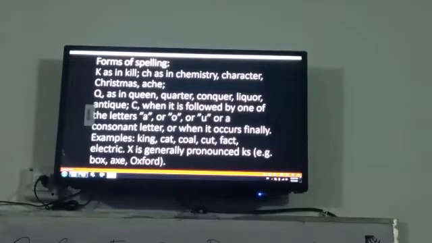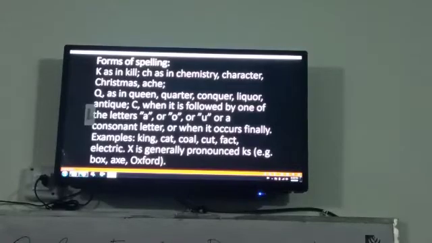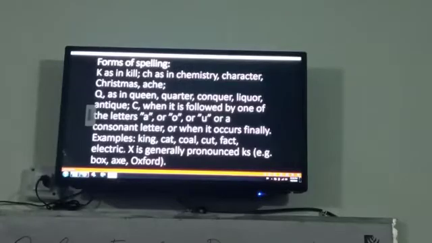So the forms of spelling for k are: first K, second CH, third Q as in queen, C as in cat, and X as in box. So these are five different forms.